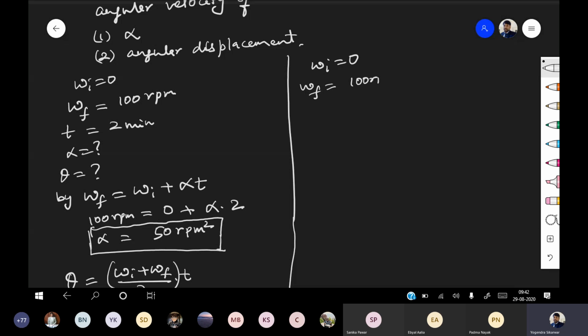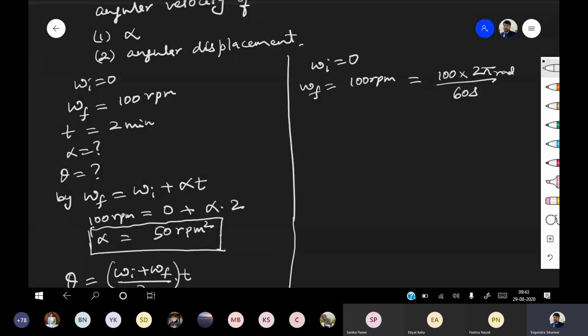Pay attention, 100 RPM. Now one turn means 2 pi radians. So 100 into 2 pi per minute, and a minute means 60 seconds.